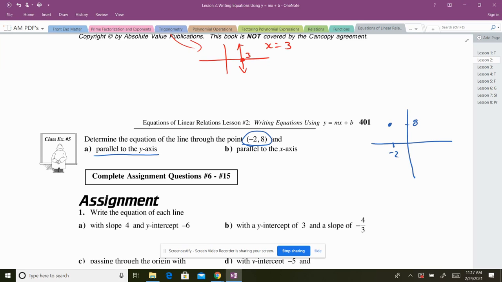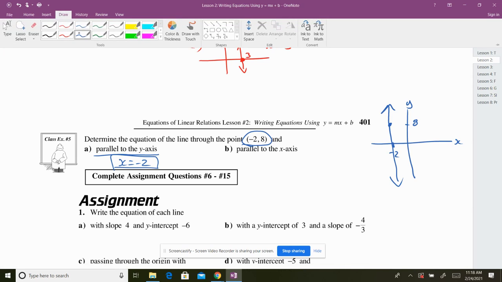Where's the y-axis here? The vertical or the horizontal? It's vertical, right? There's the y, there's the x. So if it goes through that point and it's parallel to the y-axis, what type of line is it? It's a vertical line. So what's the equation of that line? x equals -2 because it's a vertical line.